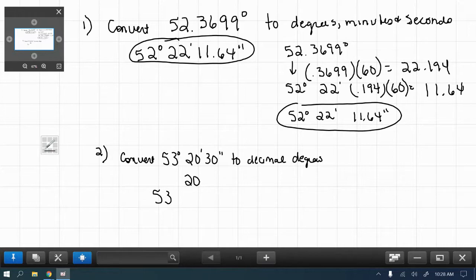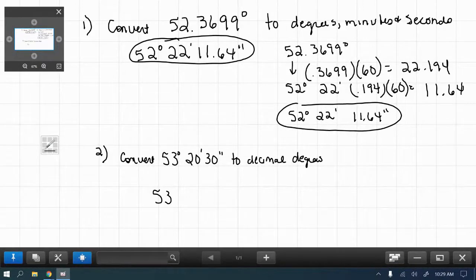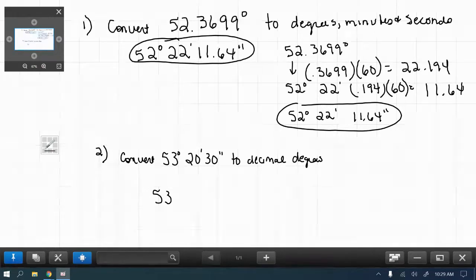So we really need to do the 30 divided by 60 first, right? Let me put it in my calculator. So in my calculator, I'm going to do 53, and I'm going to do second angle, which is degrees, is number 1. 20 minutes, that's second apps, the second one. And remember, the seconds are over here. It's that alpha, the plus button. 30 alpha plus.